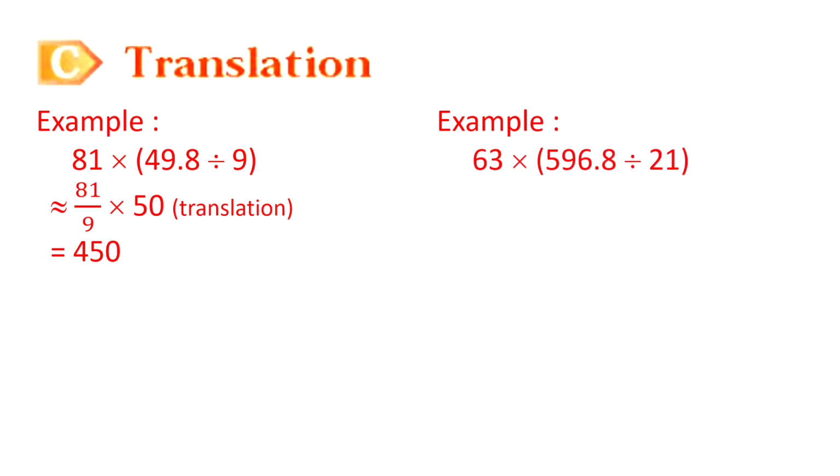Okay, this is another example. A similar case, we can do the division part first. Okay, this is the estimation strategy we use, which is called translation. Okay, remember, always mark down the strategy you used in the question.